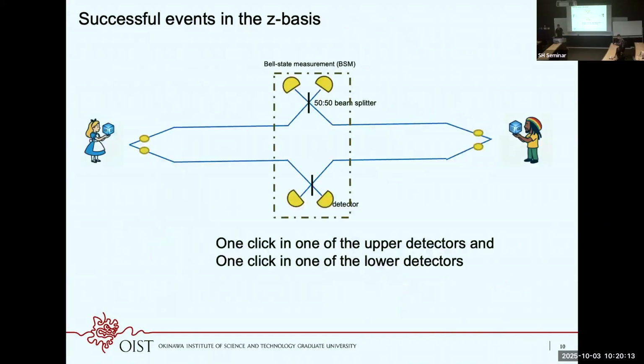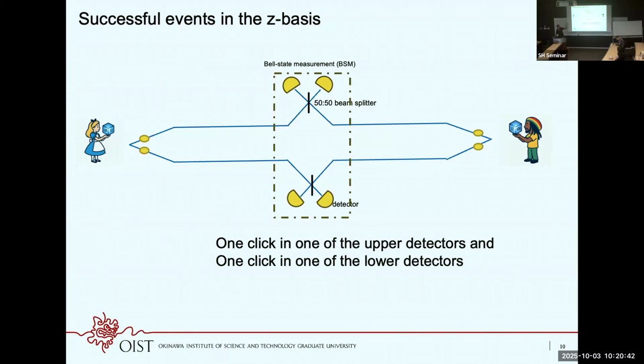Okay, so how do we know that the states sent by Alice and Bob are correlated? So we have to define a successful event. As I said, Alice and Bob are sending the state to the middle station, and this type of encoding is the so-called spatial encoding. As you can see, we have the upper mode and the lower mode on both sides of Alice and Bob.